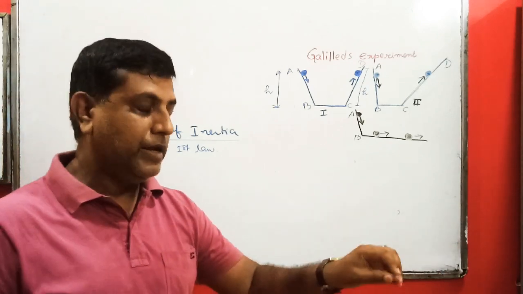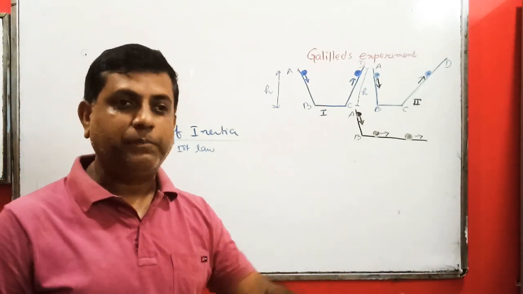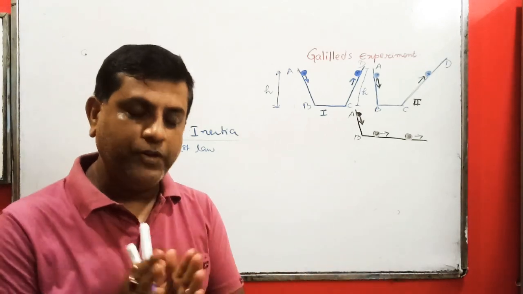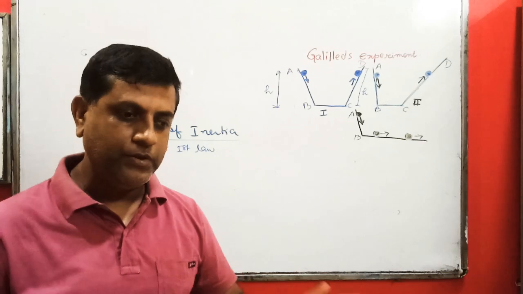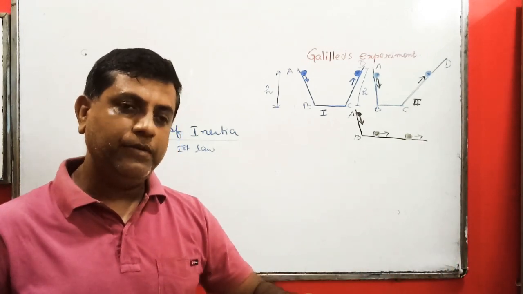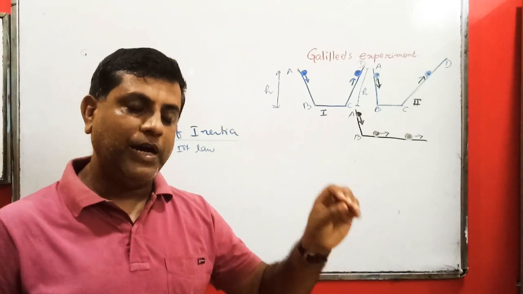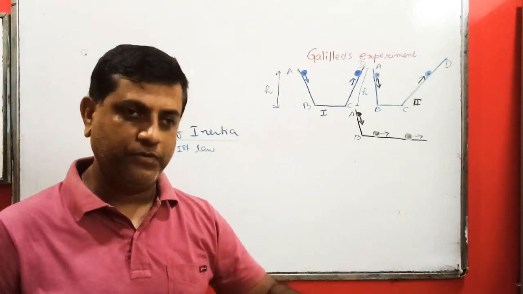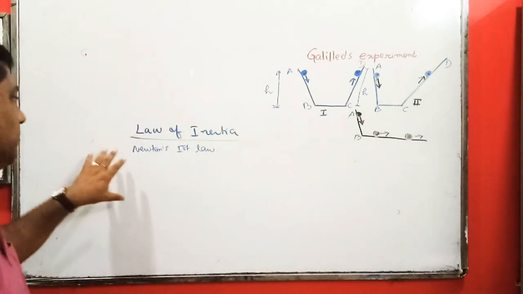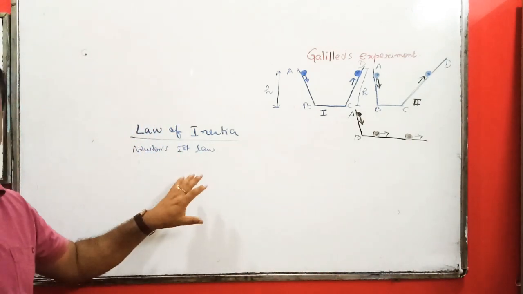Now here you have to apply unbalanced force. You can't apply balanced force because if you apply balanced force, there will be no displacement. Every object continues to be at rest or in motion, unless compelled by some unbalanced force or external force. That is called Newton's first law, or you can say law of inertia. Okay.